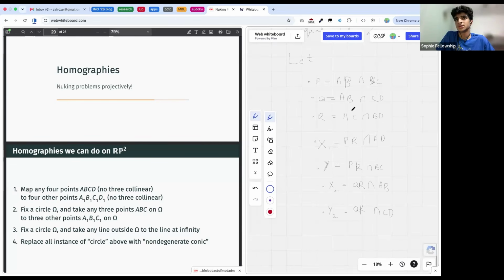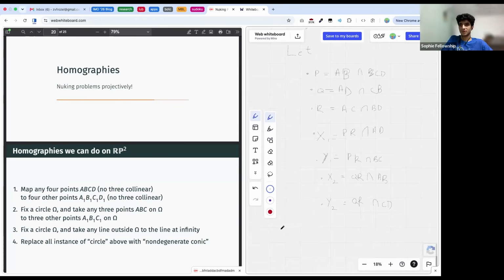It's my skill issue. And Q is equal to AD cap BC. Yeah, so now the definition should be reading right. Hopefully, yeah, this looks good. PR cap BC. Okay, so now I want to prove that.